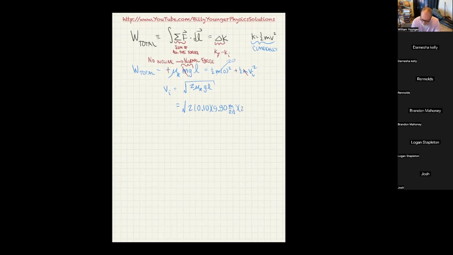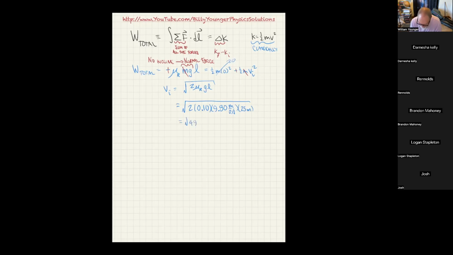Let's say 25 meters, because it's closer to maybe 60 feet or something like that. So what would actually be the initial velocity? Well, we'll do 2 times 0.1 times 9.8 times 25. That gives the square root of 49.